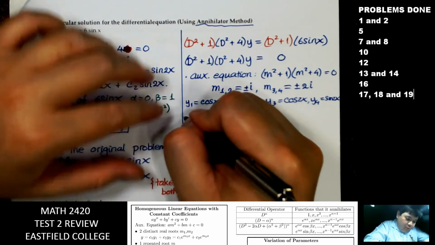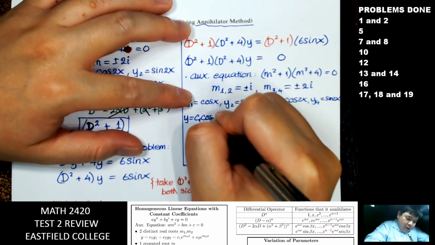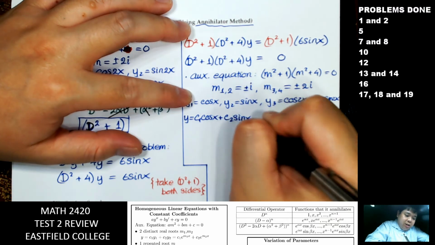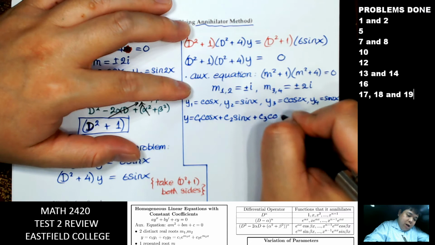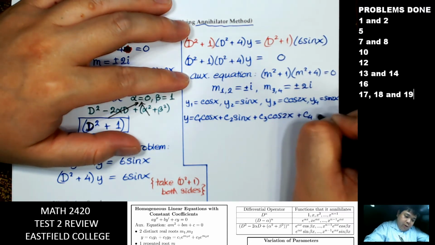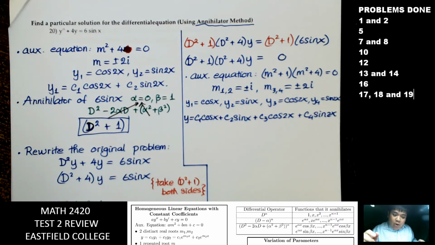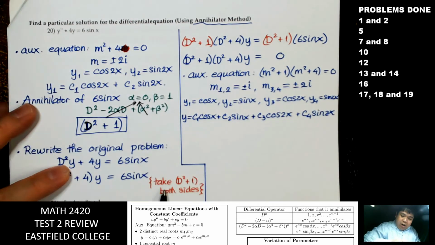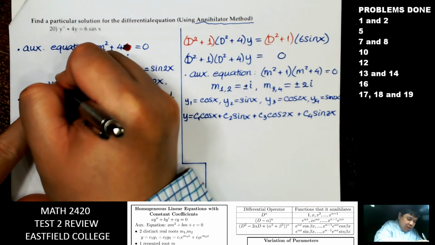So the general solution would be c1 cosine x, c2 sine x, c3 cosine 2x, and c4 sine of 2x. Notice this. I don't know why I put the 1 here, but that is the complementary solution.